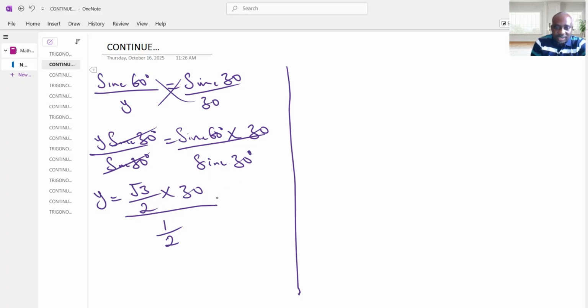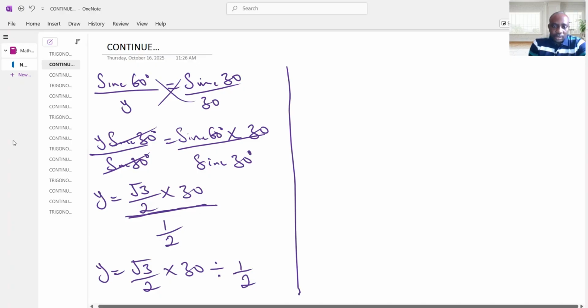Now this is division, isn't it? Now we say y is equal to square root of 3 divided by 2 multiplied by 30, divided by 1 over 2. Now if I want to change the division to multiplication, it means that this denominator will come up and this one will come down.